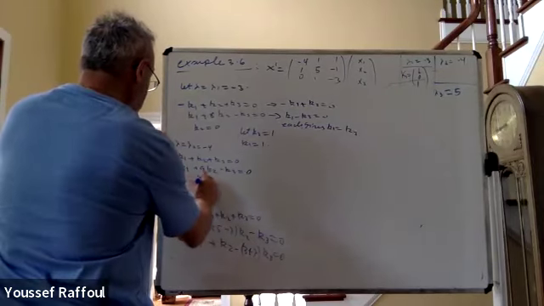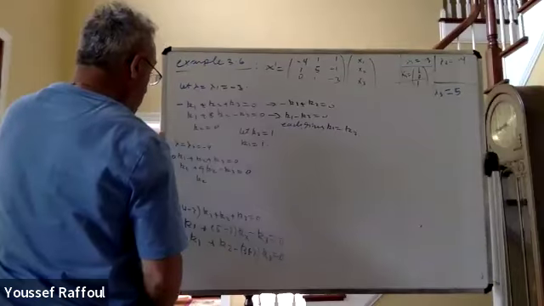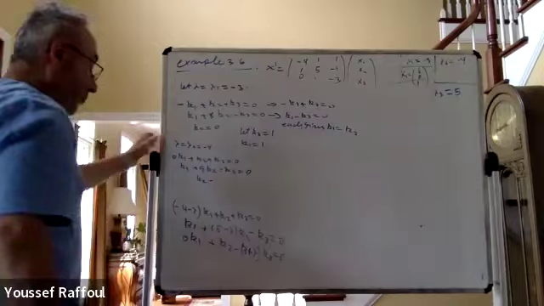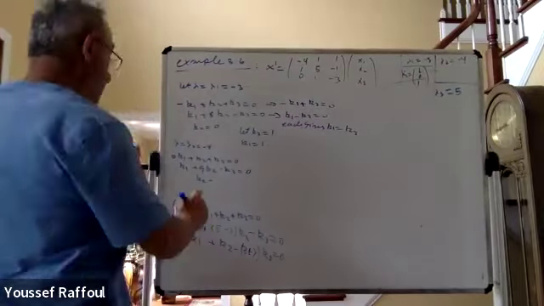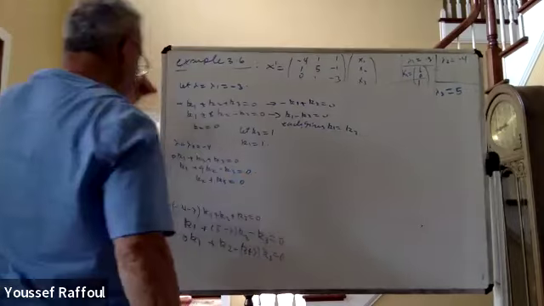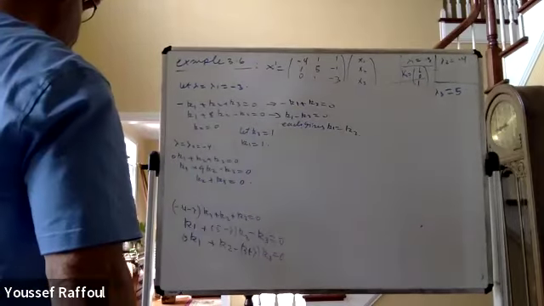And K2, minus 3 plus lambda equal -4 plus K3 equals 0. Okay?